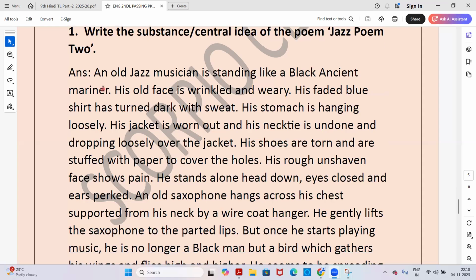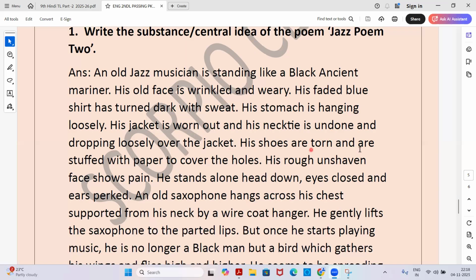So, answer. An old jazz musician is standing like a black ancient mariner. His old face is wrinkled and weary. His faded blue shirt has turned dark with sweat. His stomach is hanging loosely. His jacket is worn out and his necktie is undone and dropping loosely over the jacket.